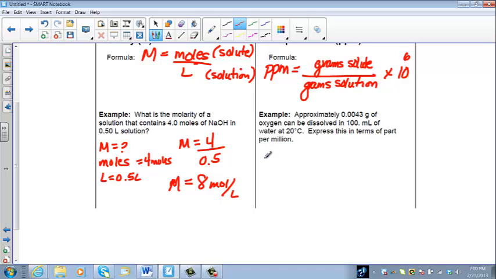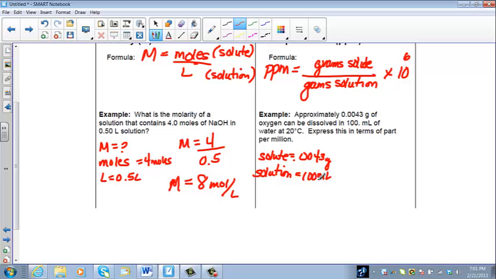So we have our solute is 0.0043 grams, and our solution is 100 milliliters.